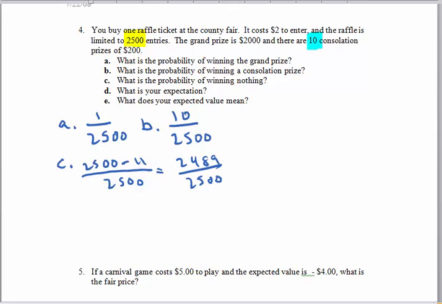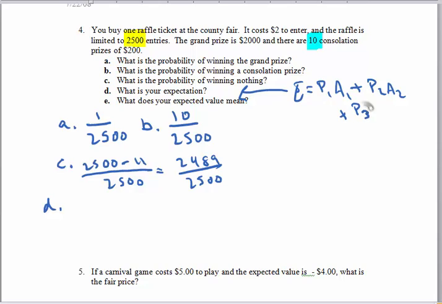All right, so what is your expectation? Now this is where you get into the expected value formula, okay? In this case, there's really 3 events. So you're going to have P1A1 if you win the grand prize. We'll call that the event of winning the grand prize. Plus P2A2, which is going to be winning the consolation prize.